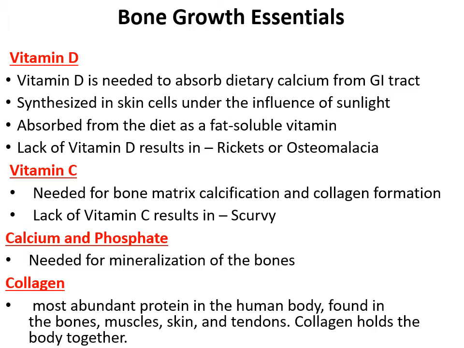Vitamin C, well, vitamin C is required for the bony matrix. So there's collagen being laid down in bone, and vitamin C is a really important vitamin for collagen formation. Okay, so lack of vitamin C can lead to a condition called scurvy, where you have inadequate and poor soft tissue development.